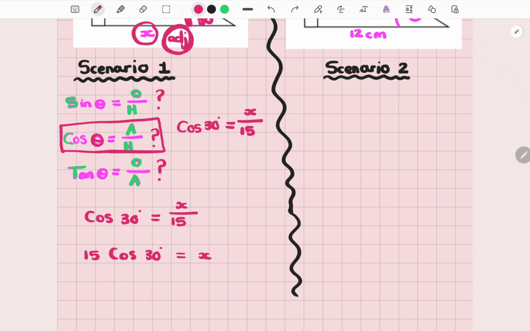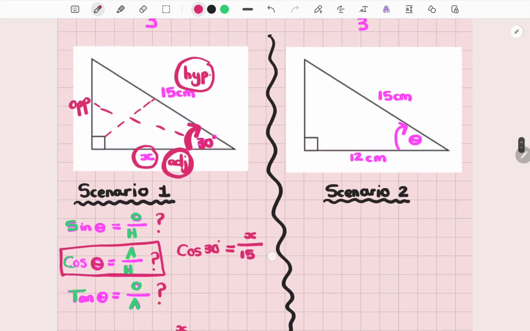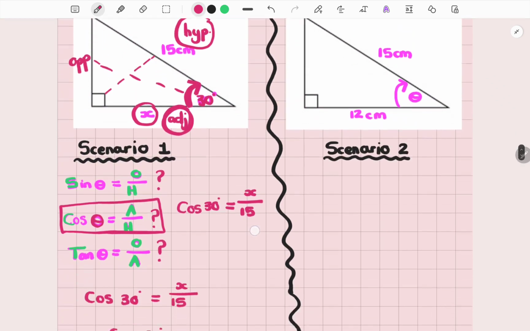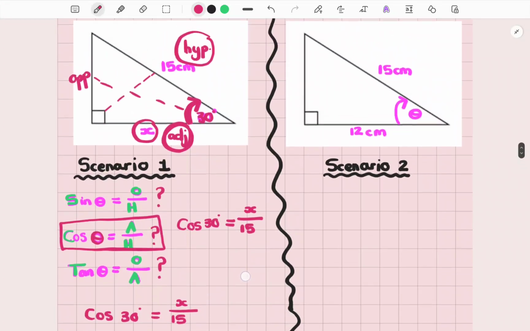Then you pop that into your calculator, 15 cos 30, and you get that x is equal to 12.99 centimeters, if that's given to you in centimeters. Depending on the rounding off, you would do that. I hope that makes sense.